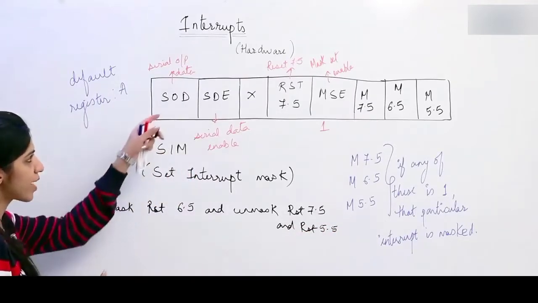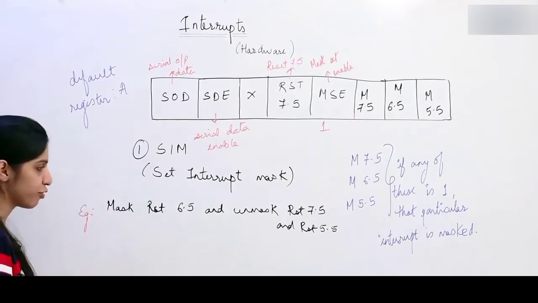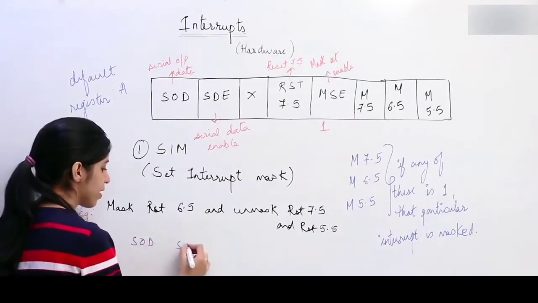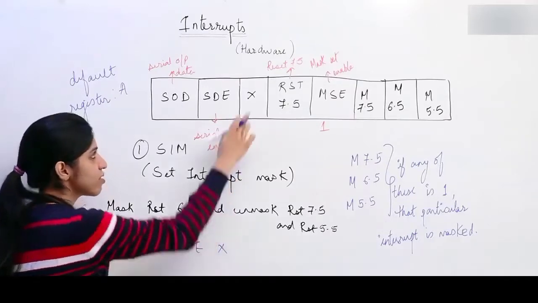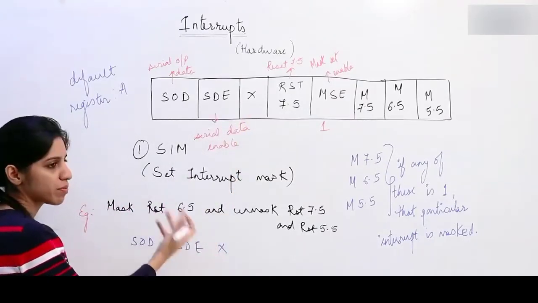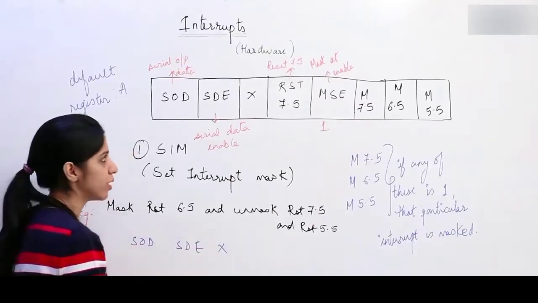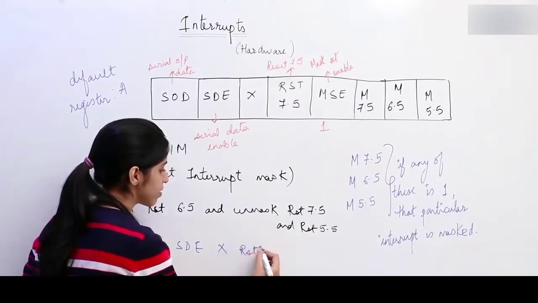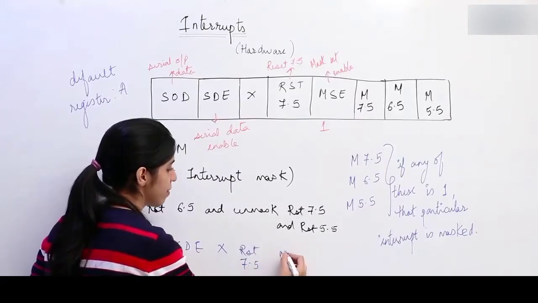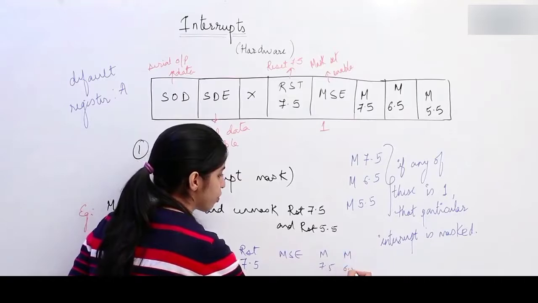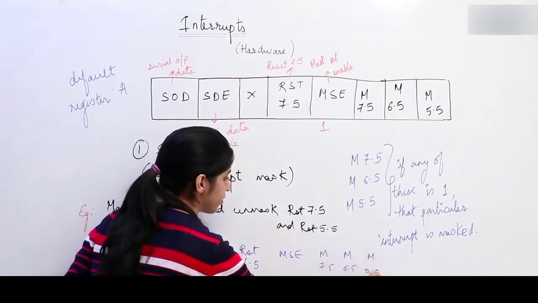We are just going to look at the status of the accumulator first. First you quickly write the bits: SOD, SDE, don't care. This bit can be 0 or 1, nobody cares, so generally we consider it as 0. Then RST 7.5, MSE, M7.5, M6.5, M5.5.